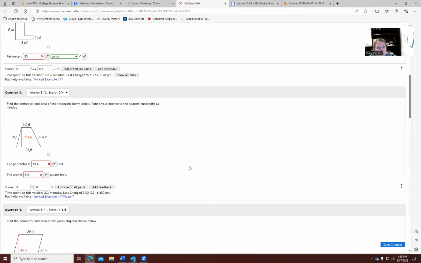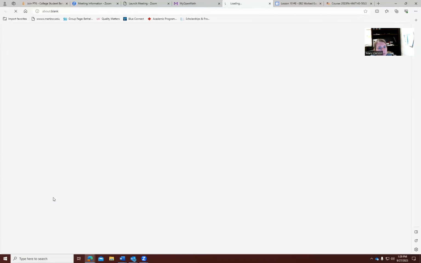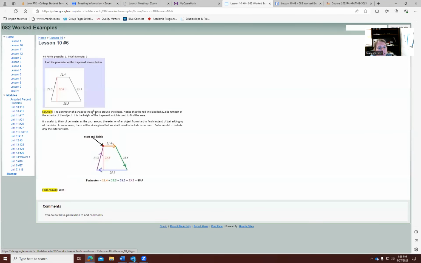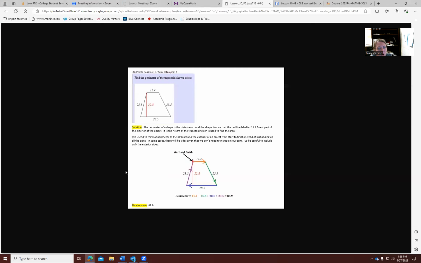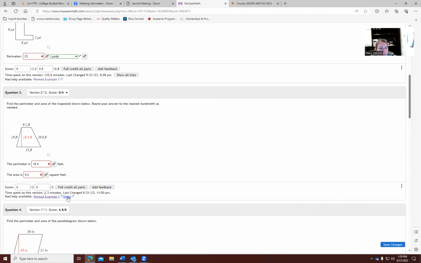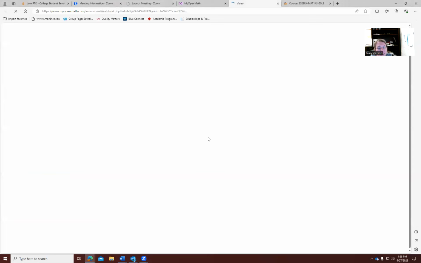This one had a worked example and a video that went with it. It tells you exactly how to find the perimeter: you add up all the sides. And the other one gave you a video that tells you how to find the area of the trapezoid.